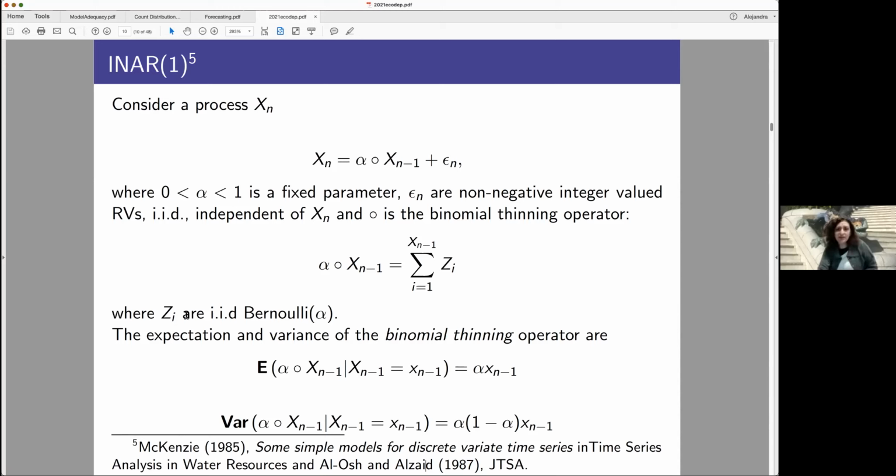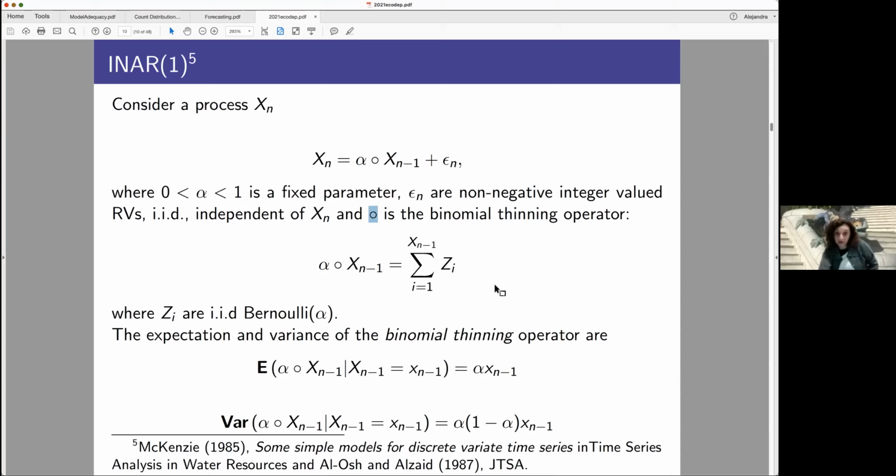So the idea is very simple. Define the process at time n by considering an alpha thinning of the previous count, X observed in n minus 1, plus an independent innovation, which will be another non-negative integer valued random variable, independent of the past, and the thinning is the thinning we have defined before.